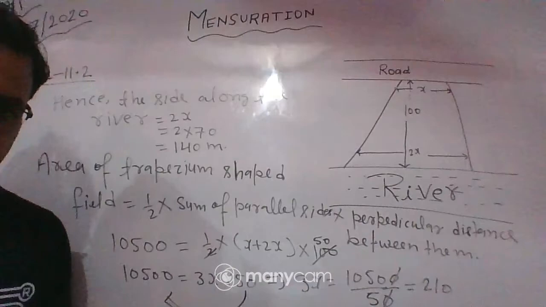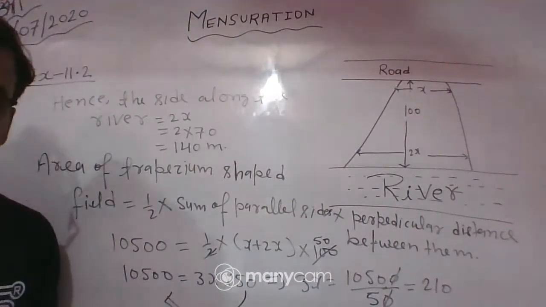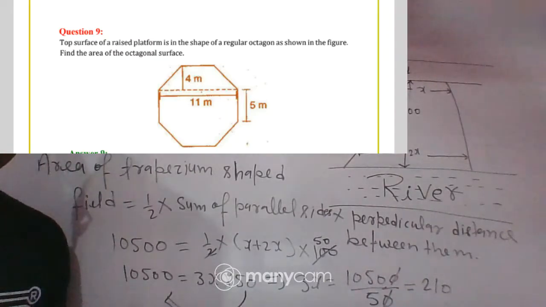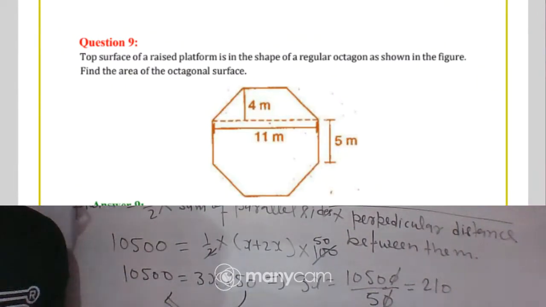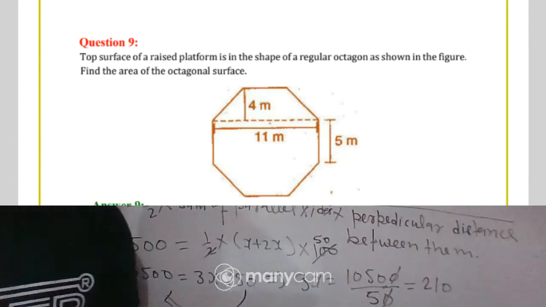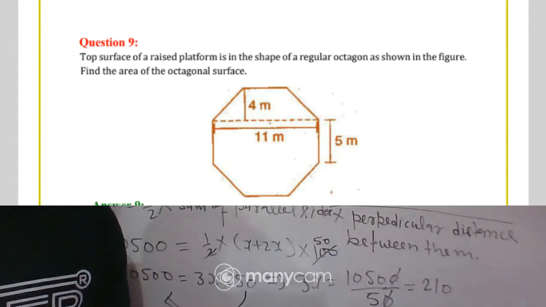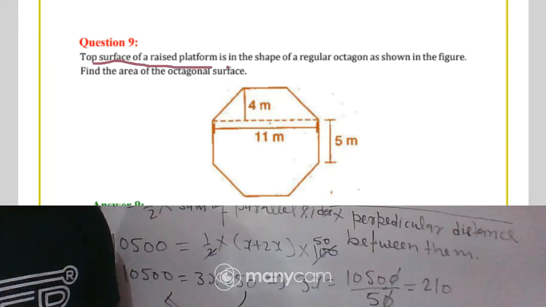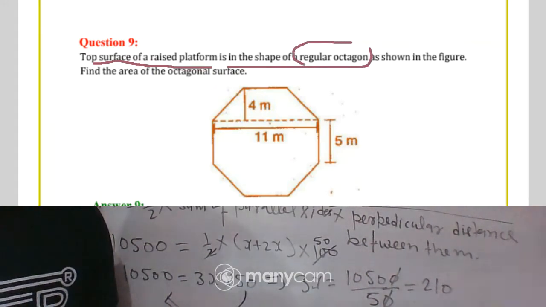What is the next question? This is the next question, and here given is the top surface of a rigid platform in the shape of a regular octagon.